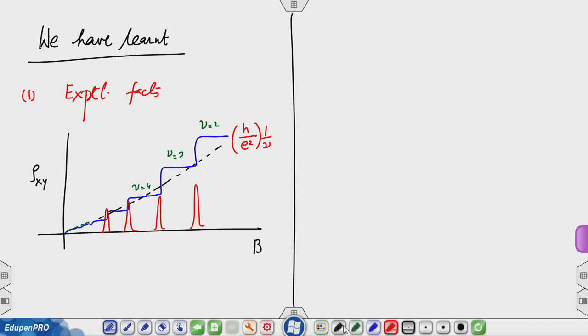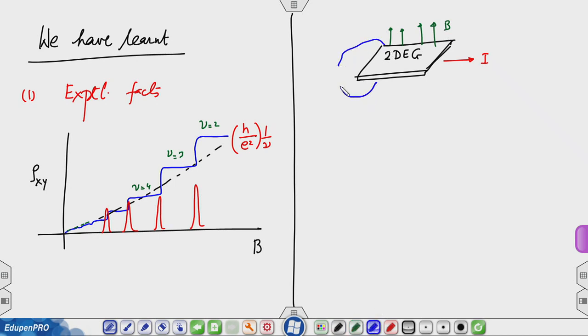What we did in the previous lecture was look at a 2-dimensional sample that had this 2-dimensional electron gas, and let a current I go through this, and when a magnetic field B is applied perpendicular to it, there is this Hall voltage that develops between the two sides.